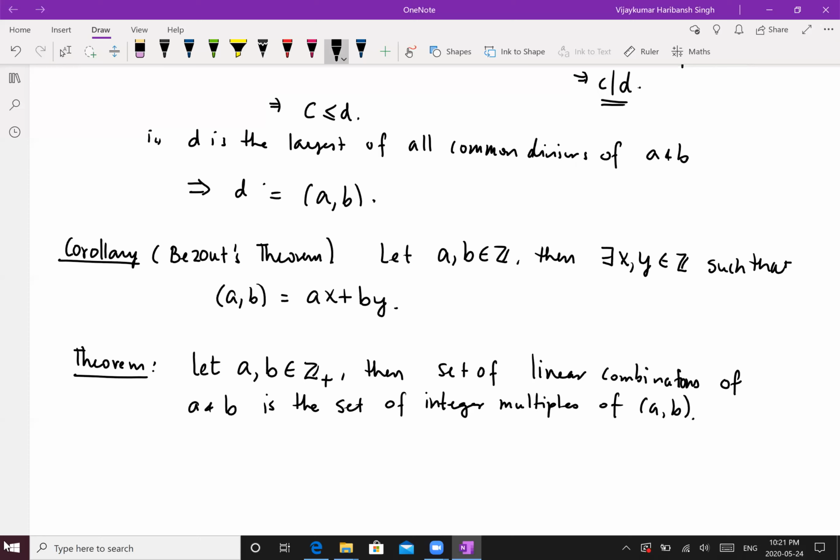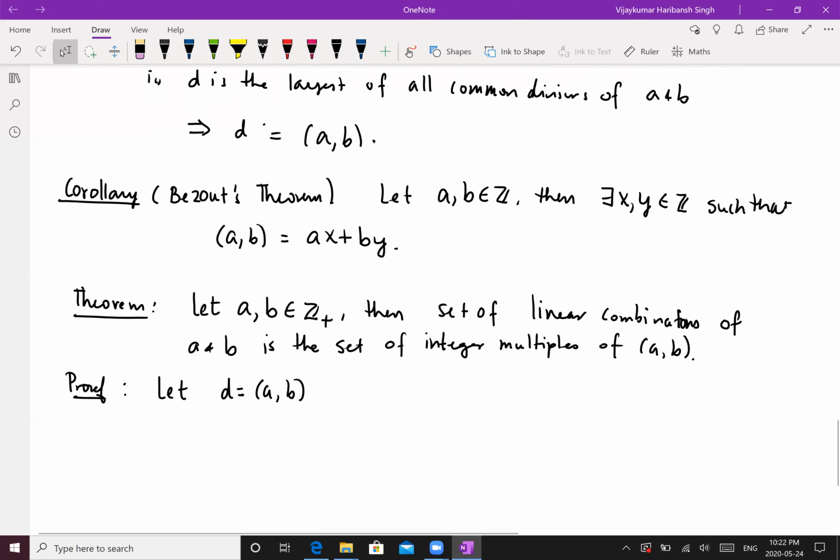So how do we prove it? Proof: let D be equal to the GCD of A and B. Now we have D divides A and D divides B, right?